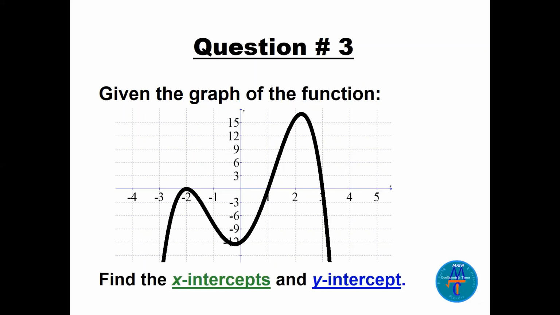Looking at how many x-intercepts, I know the graph will intersect the x-axis at this point 3, also at this point 1, and it is also touching here, tangent at -2. We can consider that an x-intercept also. So this is a point, this is a point, this is a point. On the y-axis, it has only one point.